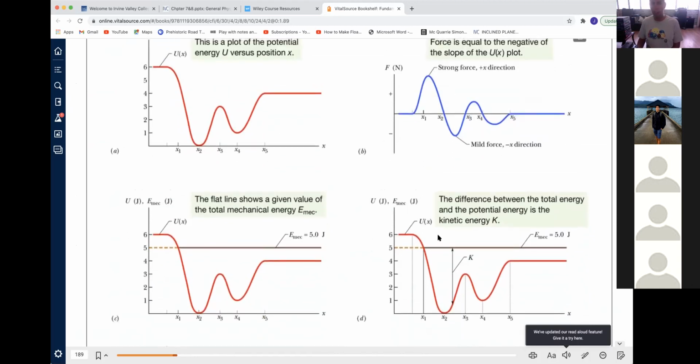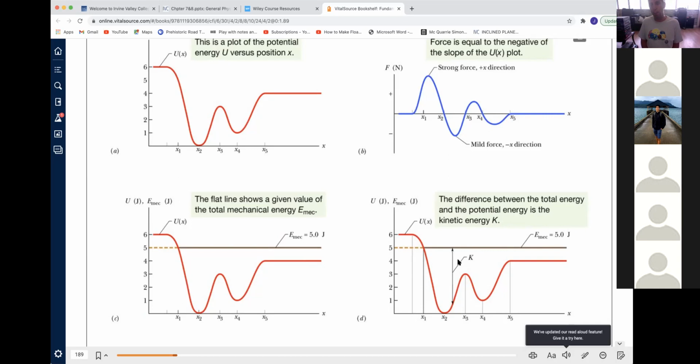So what they're showing here is that the mechanical energy is 5. That means if you add the potential energy and the kinetic energy of the particle or system together, you get 5 joules. Now, that also means that the most that the kinetic energy could be is 5, and the most that the potential energy can be is 5.